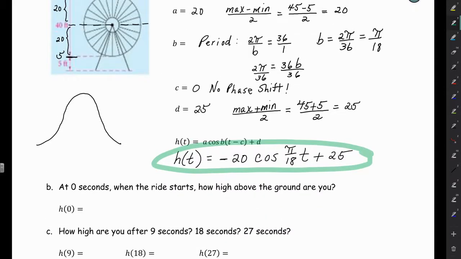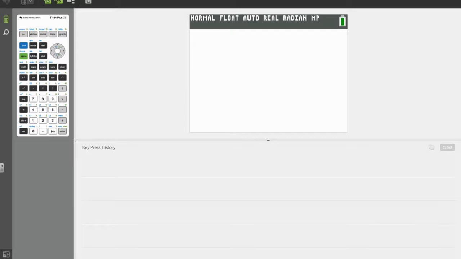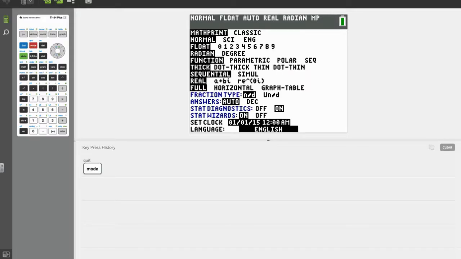At 0 seconds when the ride starts, how high above the ground are you? So what we want to do is put the value of 0 into the function that we just found. So we're going to put this function into our calculator, and you want to make sure you're in radians. I can see at the top of my calculator it says radians. If yours doesn't have that, you can just go to mode.